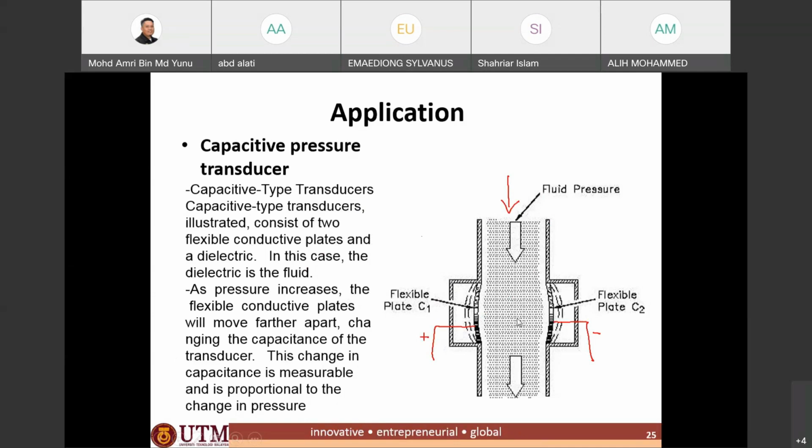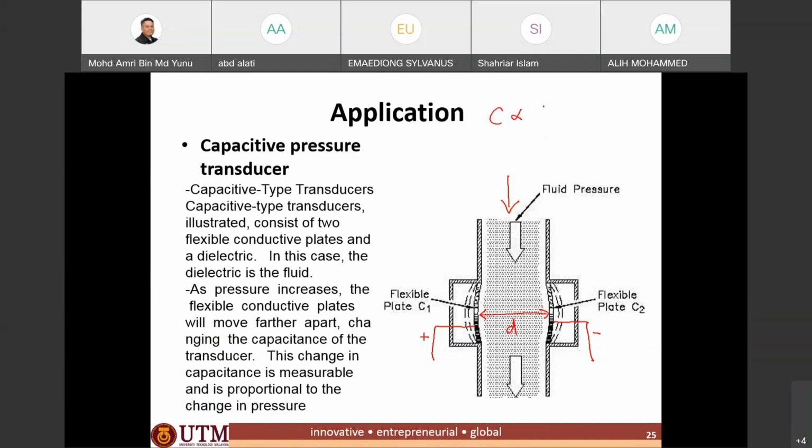When they expand, the distance between the plates changes.